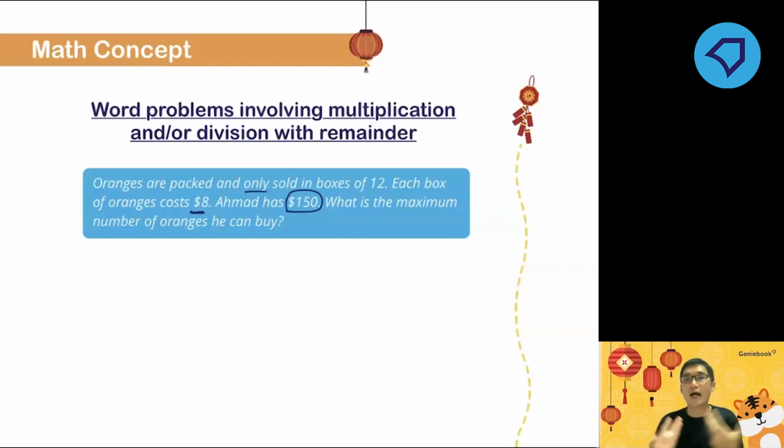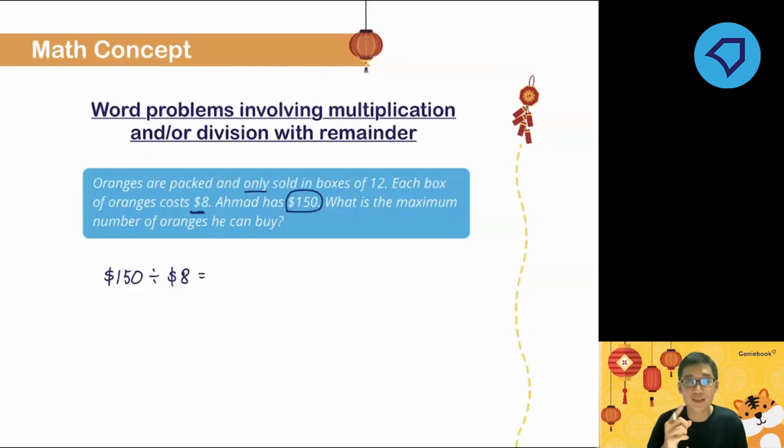Okay, so imagine you are Ahmad right now. You have $150. You go over to the fruit stall. The fruit stall owner said, each box costs $8. So what should I do first? I want to know how many oranges Ahmad can buy. So I need to first know how many boxes of oranges Ahmad can buy. So the first thing I need to do is to take the money that Ahmad has and divide it by the cost of each box.